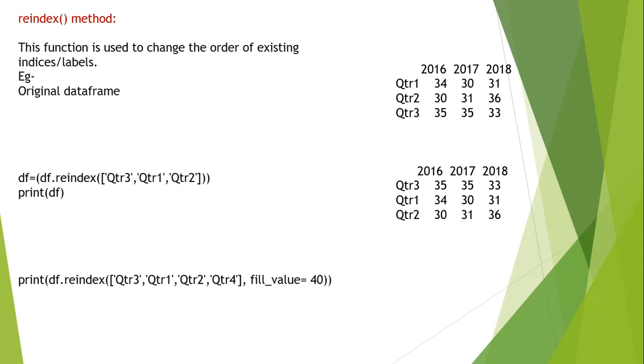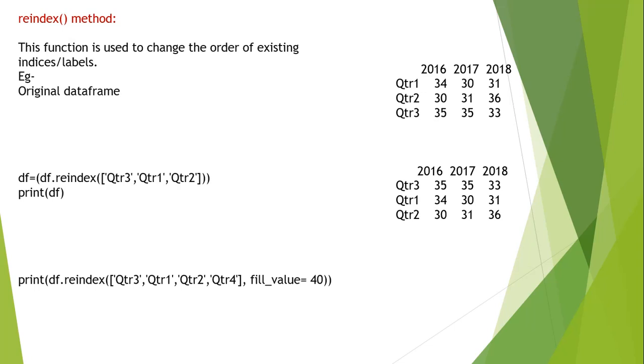So if we create this index in the original data frame, qtr3, qtr1 and qtr2 will have their respective values, but qtr4 will be added with NaN. NaN means not a number, because qtr4 does not have any entries, so it has to be filled by an entry, and the default entry for this is NaN.